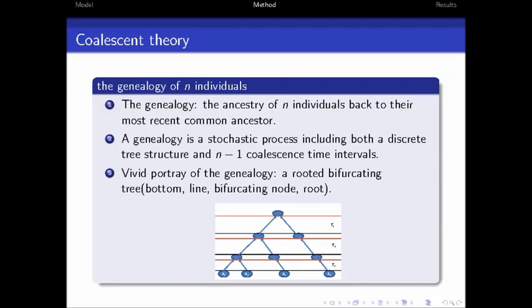The genealogy can be vividly characterized by a rooted bifurcating tree. This figure shows a genealogy of 4 individuals. The 4 individuals are located at the bottom, and the branches are their ancestors. The bifurcating nodes mean the coalescent events. The root is their most recent common ancestor.